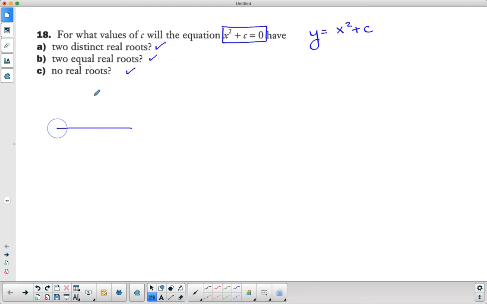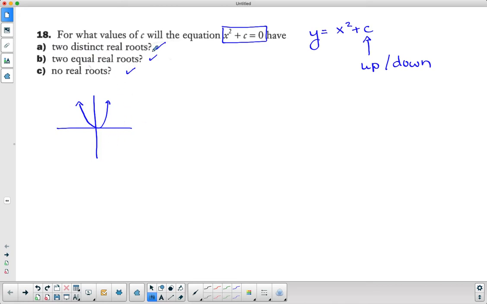So y equals x squared looks like this. And we just have to know what the c does, which is going to move it either up or down, to give it different values of x-intercepts.